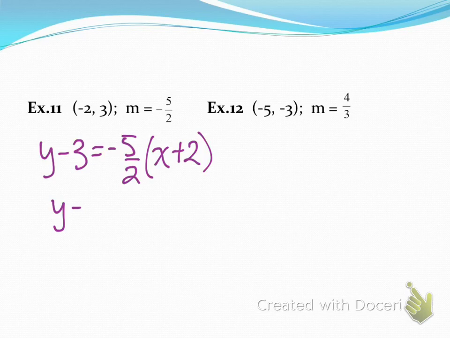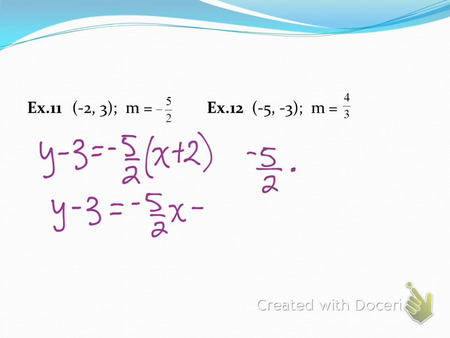So the y minus 3 is staying the same. When we distribute, Deja, what do we get? Y minus 3 equals negative 5/2 x plus... Let's see, we got to distribute the negative 5/2 to the 2 also. So a negative times a positive will be negative.